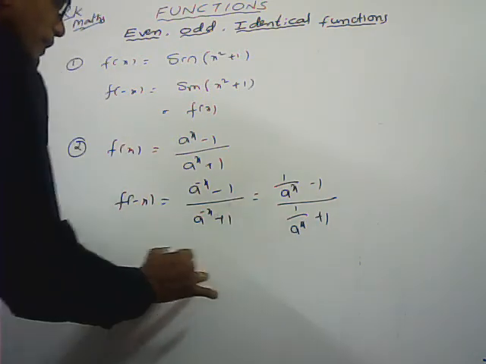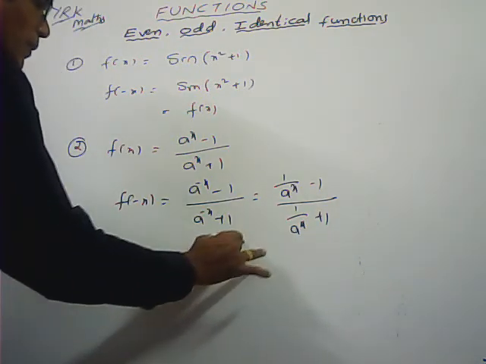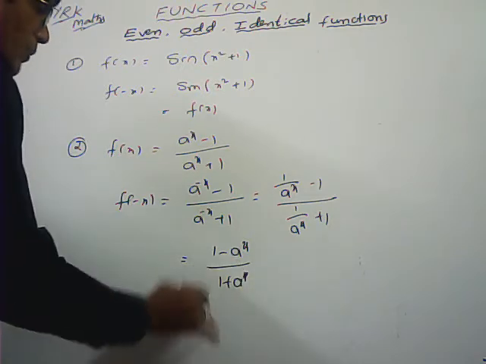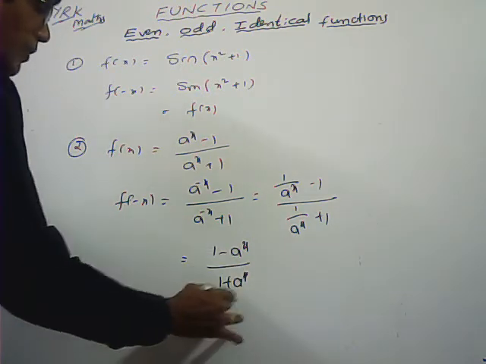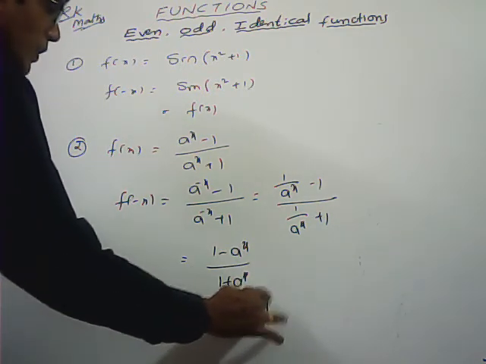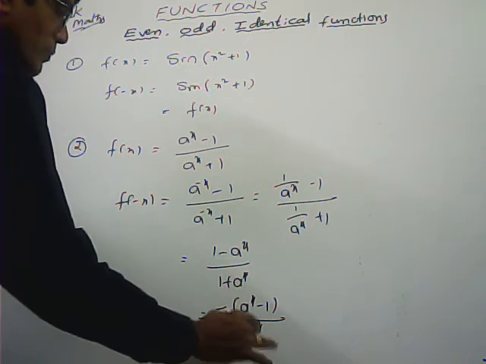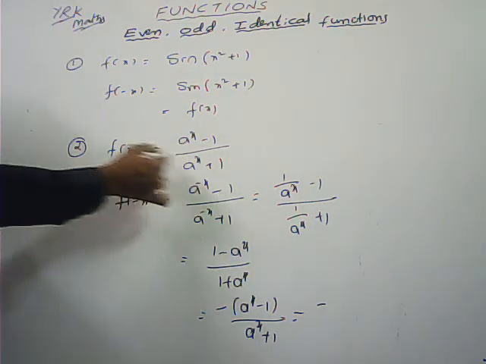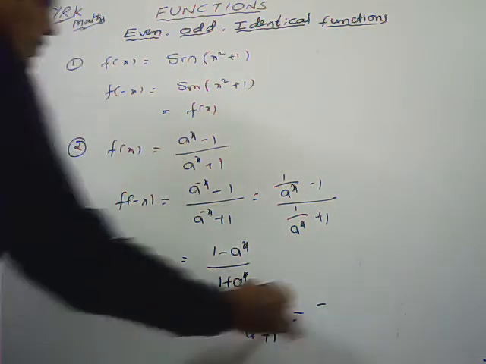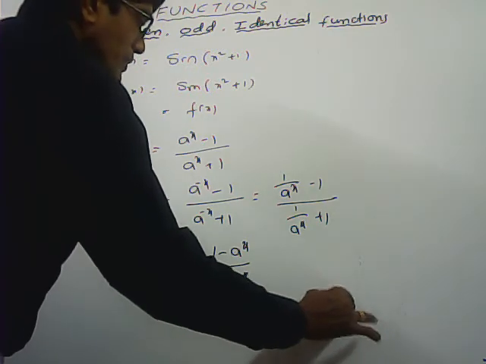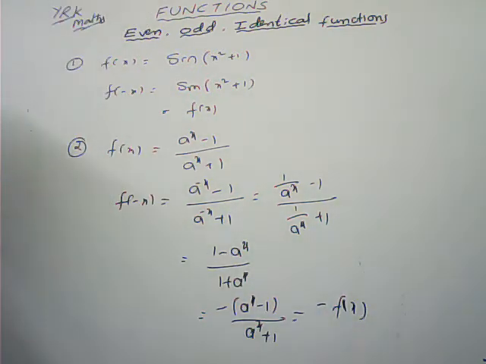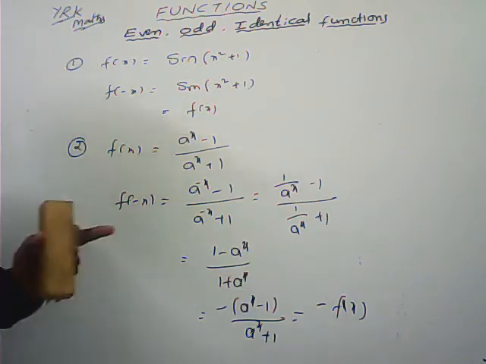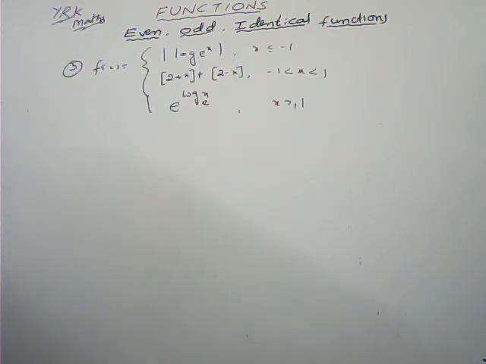Now here you can take the LCM: 1 minus a power x upon 1 plus a power x. From these two terms I am taking minus common, minus of a power x minus 1 by a power x plus 1. That is equal to minus of a power x minus 1 by a power x plus 1, that is f of x only. Minus of f of x. So here f of minus x equals minus f of x. So here f of x is said to be an odd function.